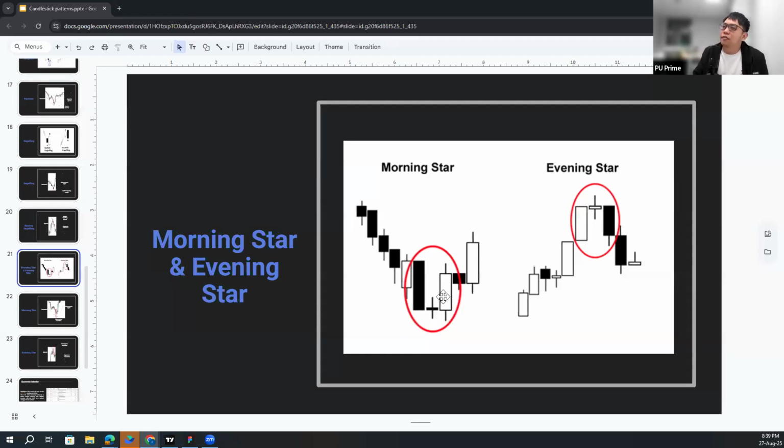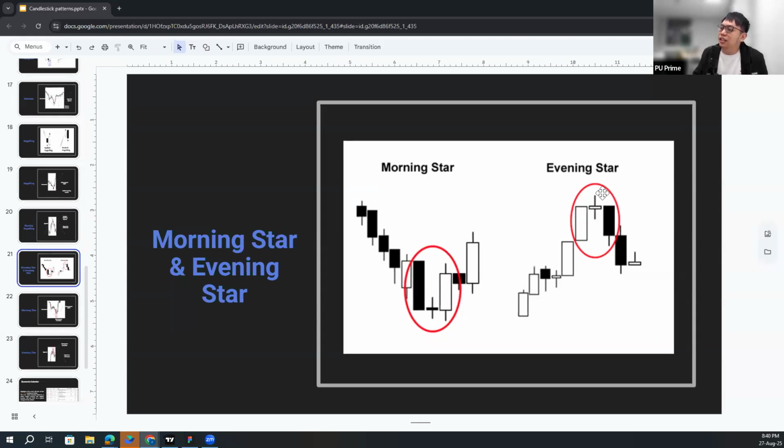It gives us brand new hope in the morning when the sun rises, and then we hope that later on it will be followed by an uptrend here, because the previous downtrend has ended after we see this morning star. And evening star means sunset is coming, no longer an uptrend.